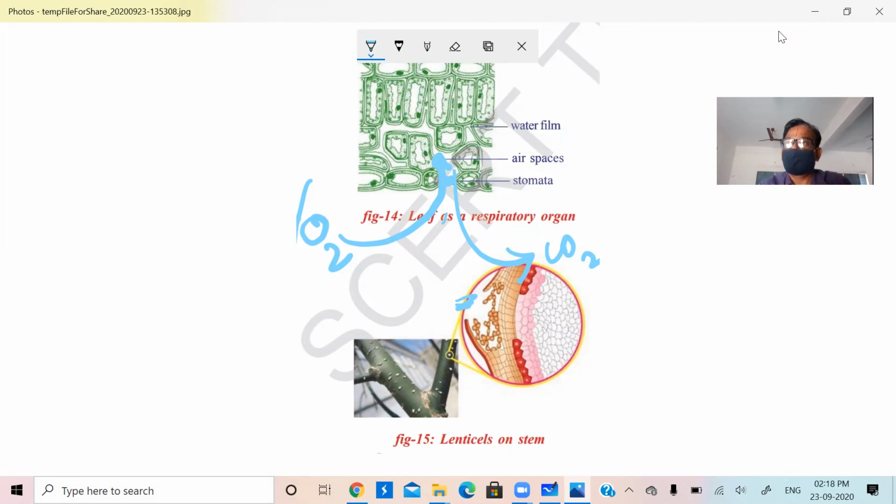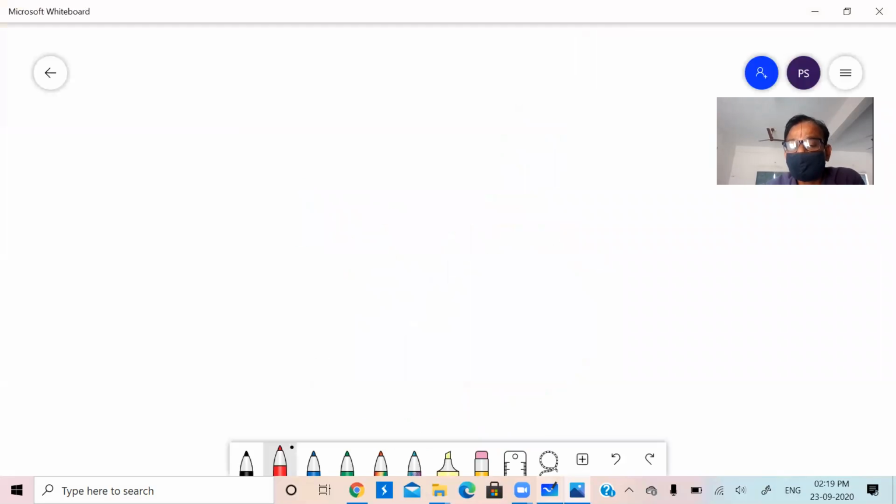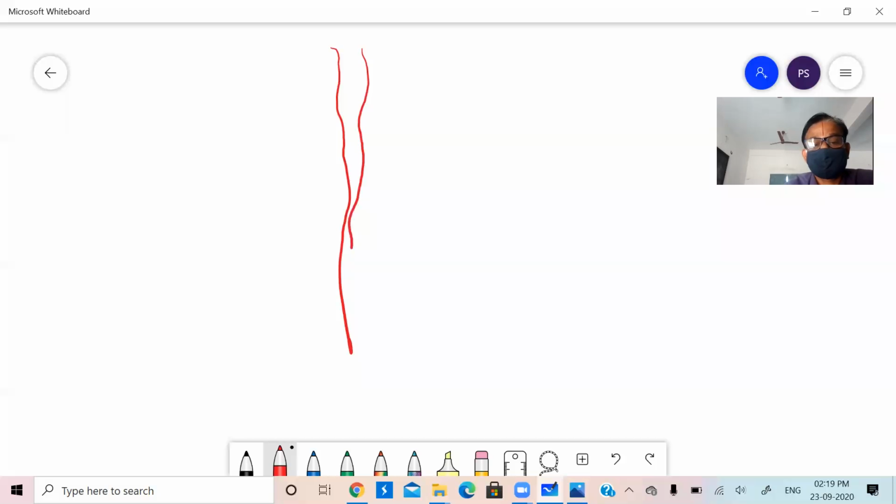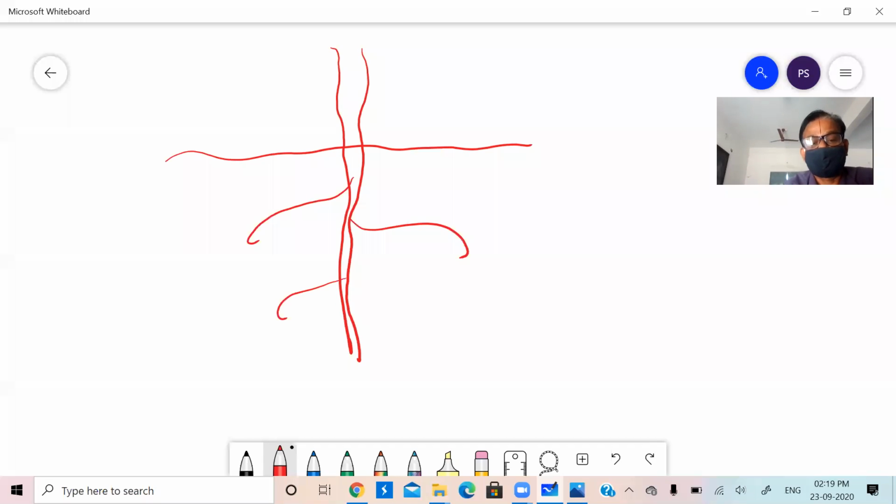And you know that the root system is inside the soil. Then how will the root cells get oxygen for respiration? For example, this is the plant, this is the soil level, and these are the roots.